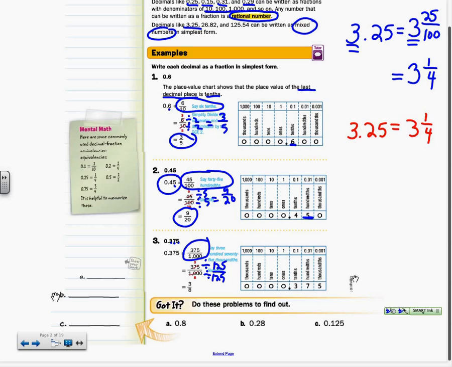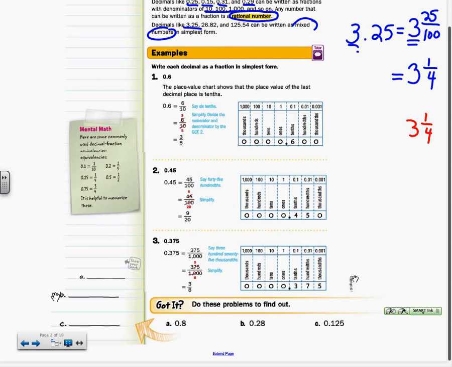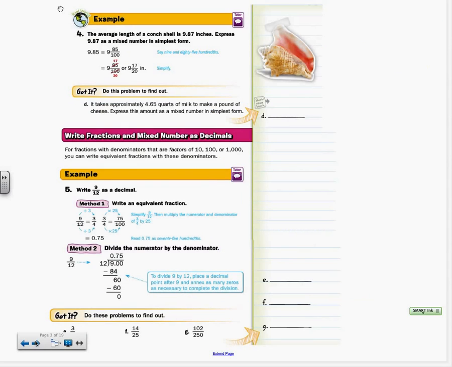So 375 divided by 125 is 3, and 1,000 divided by 125 is 8. So 375 thousandths as a decimal is equal to 3/8 as a fraction. Go ahead and try A, B, and C. See if you understand this, and you can pause it. I'm going to go on to the next page, and we're going to look at another example.